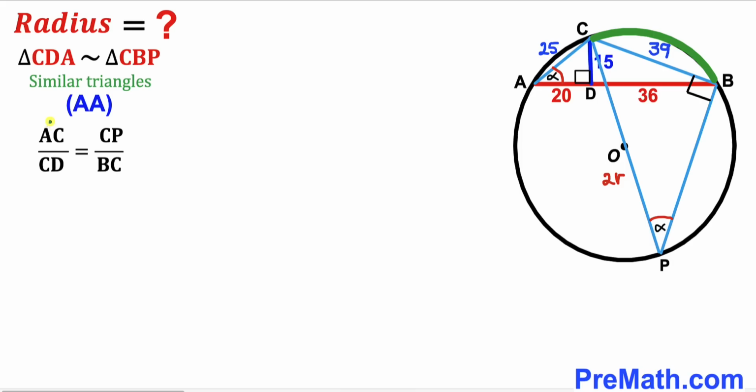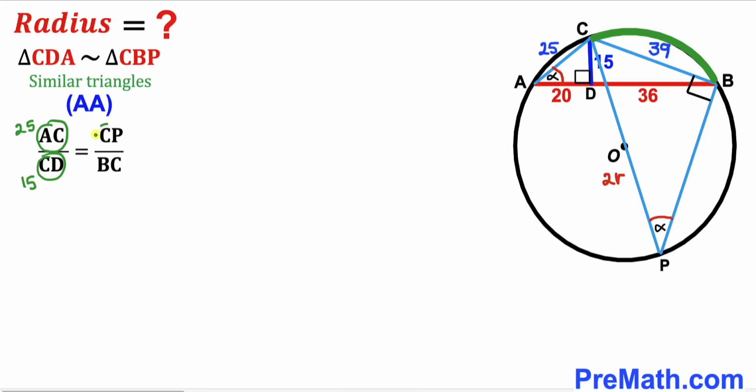In other words, the ratio of the segments AC and CD is going to be equal to the ratio of the segments CP and BC. Now let's make an observation. This segment AC is this chord, which is 25 units, so I'm going to replace that with 25. In the denominator, this CD is our perpendicular, which is 15 units, so I'm going to replace that with 15.